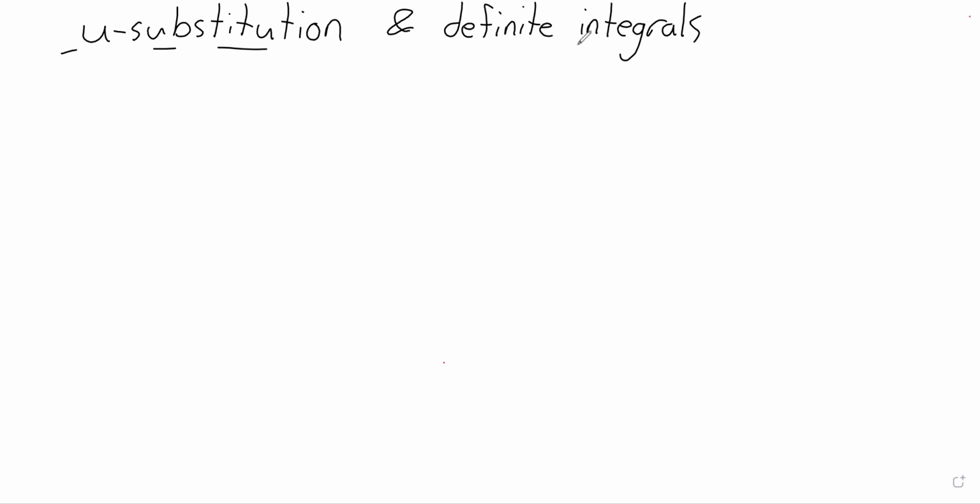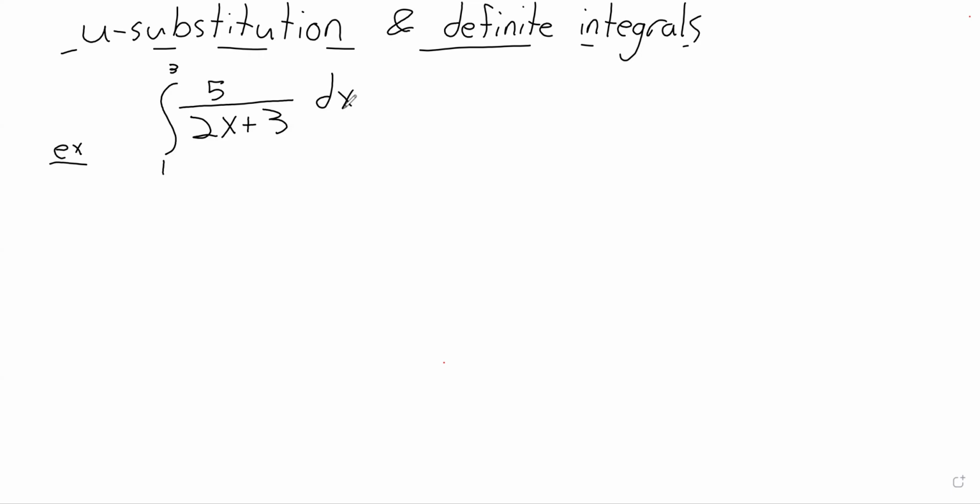So we might be faced with a problem like the integral from 1 to 3 of 5 over 2x plus 3 dx. And this doesn't look that much like a U substitution problem at first blush.